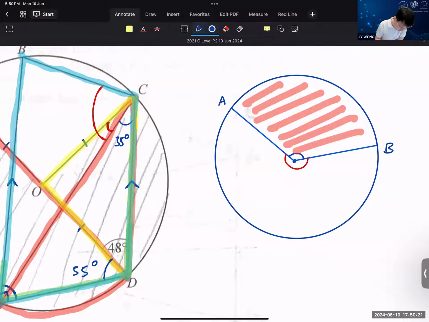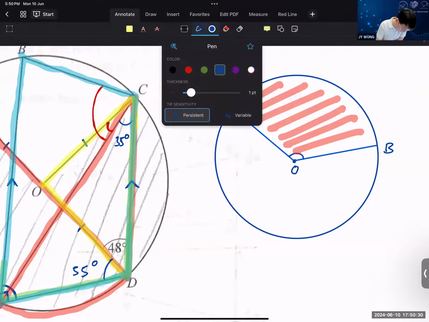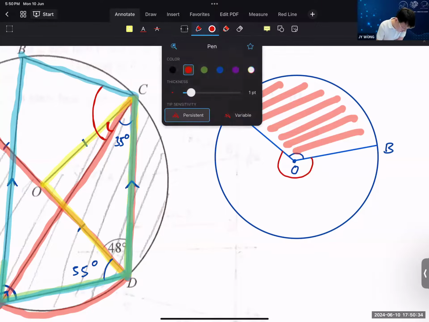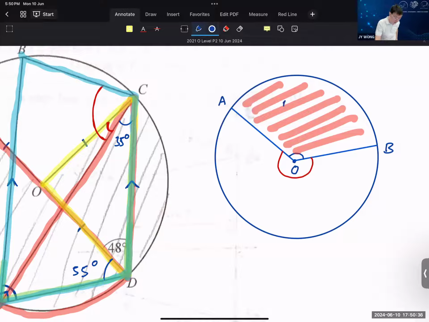So that's called the center of the circle. Oh, forgot to label. So you see the red color part. This is called a minor sector. Why is it called a minor? Because it's smaller. Now, there are actually two sectors here, right?